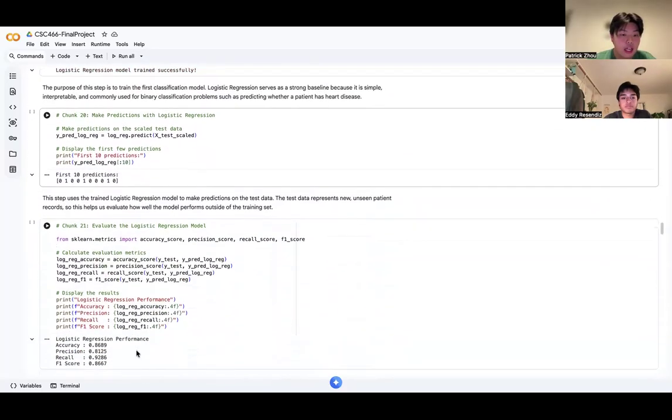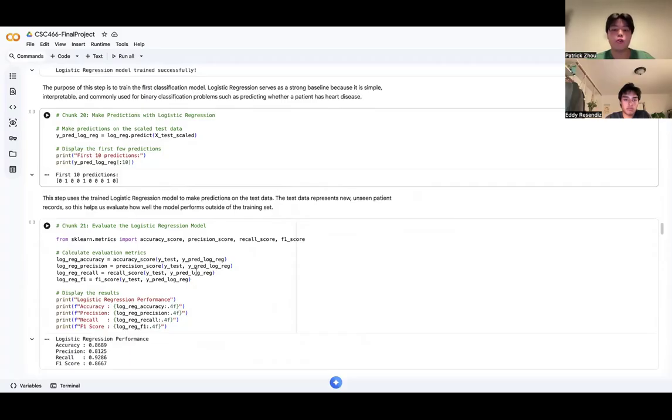Okay, and next we are going to evaluate the logistic regression model. Now that our model has made the predictions, the next step is to evaluate them, which is what we're doing right here. Instead of just relying on accuracy alone, this section also calculates several other evaluation metrics that provide a much more complete picture of the model's performance.